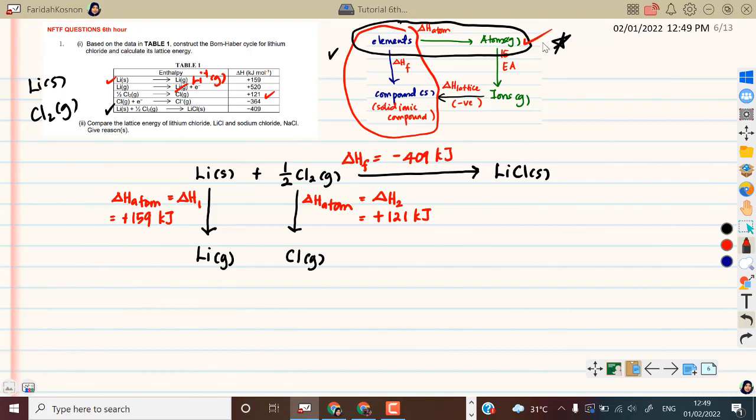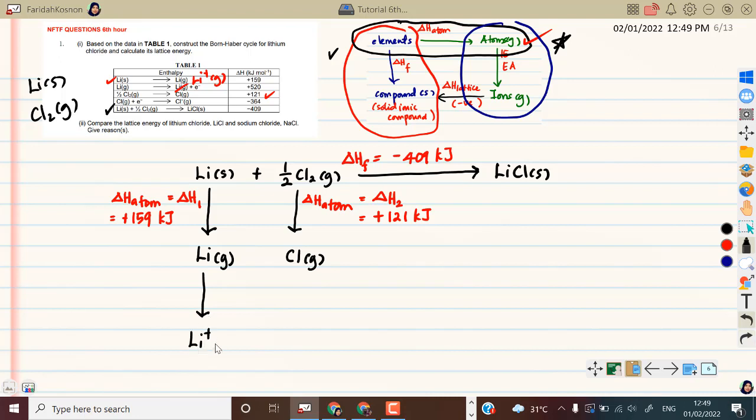So now we are going to convert gaseous atoms to gaseous ions. Each gaseous atom must go through a conversion to a gaseous ion. For metal atoms, it undergoes ionization. The lithium gaseous atom removes one mole of electrons, okay, I corrected the arrow earlier, and forms lithium gaseous ion.